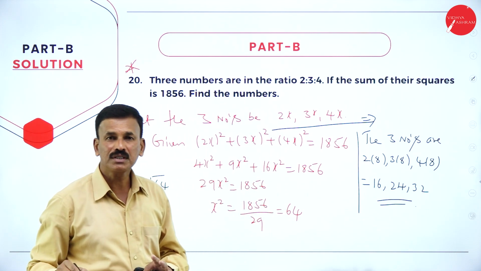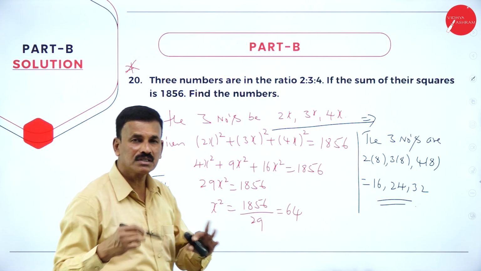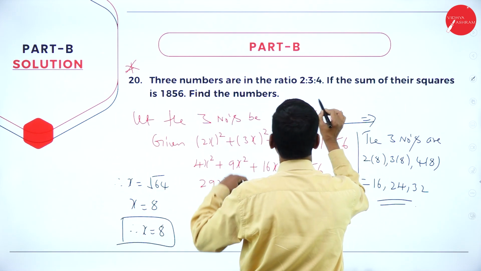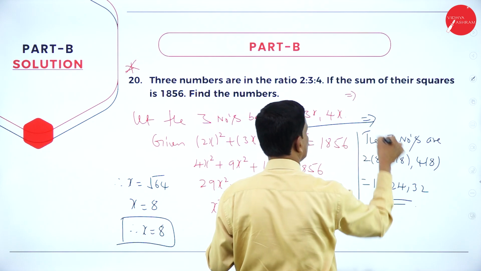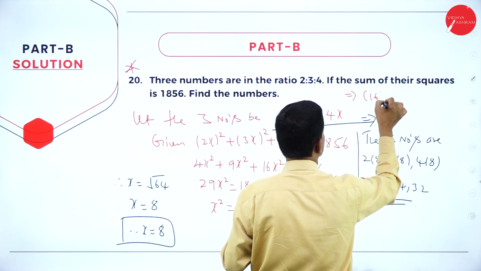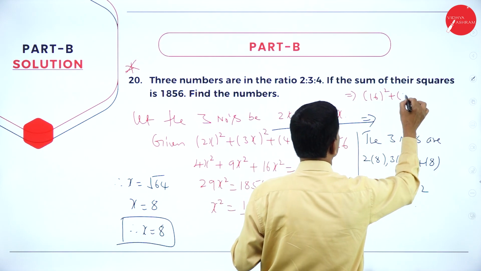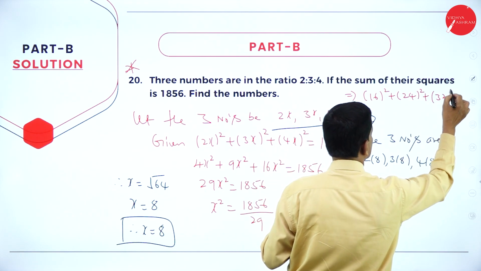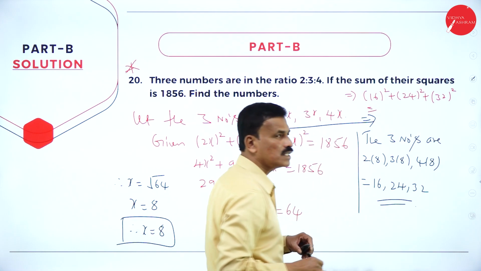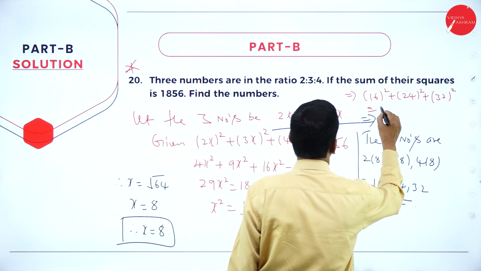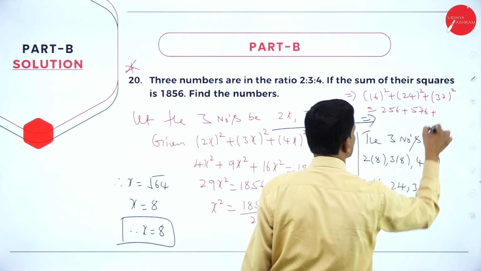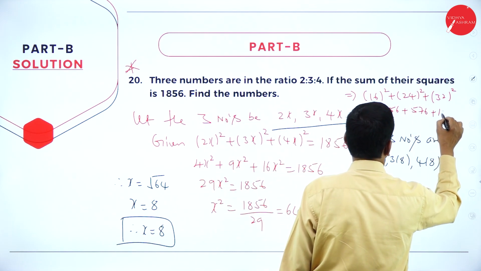If you want to verify, you can verify, but it is not required, just for your confirmation. The sum of their squares means 16 square plus 24 square plus 32 square. What is 16 square? 256. 24 square is 576, plus this is 1024.